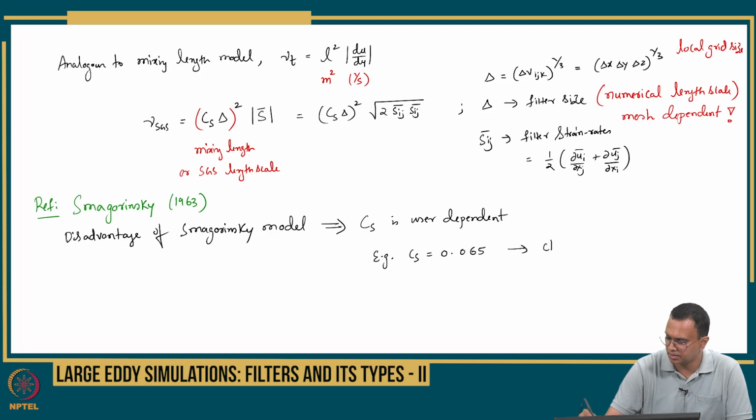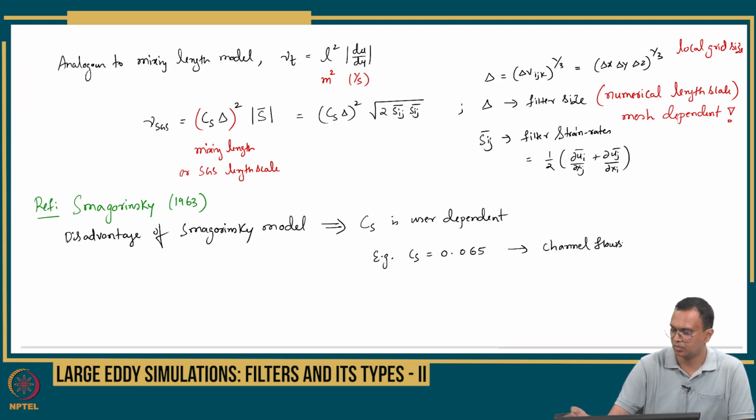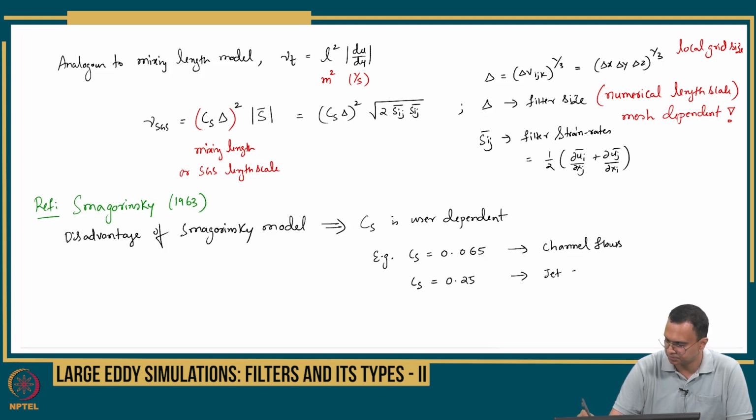This is in channel flows, similar to pipe flows, plane Couette flows, Poiseuille flows, all these things. And when you are going to open shear flows, free shear flows like jet, it becomes 0.25 in a turbulent jet flow.